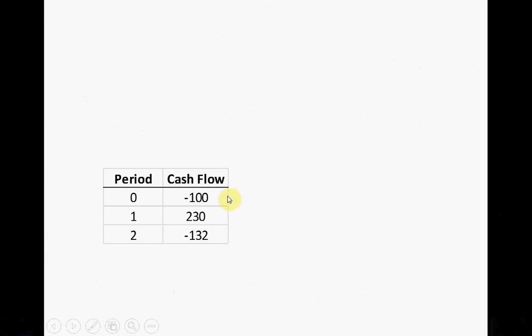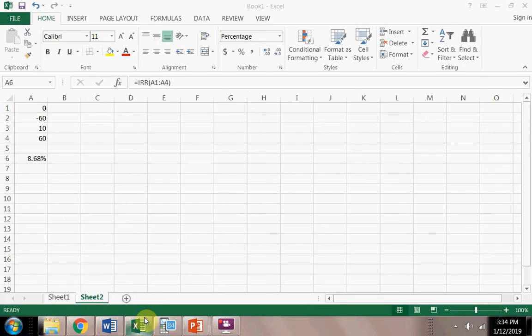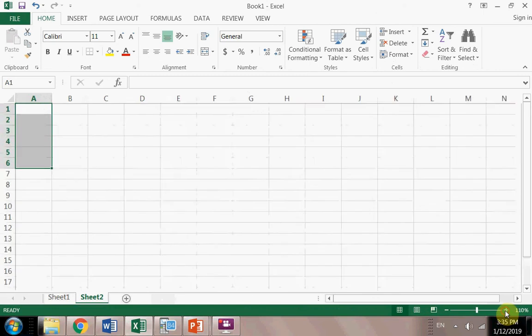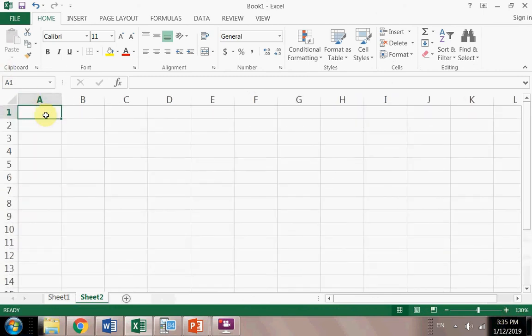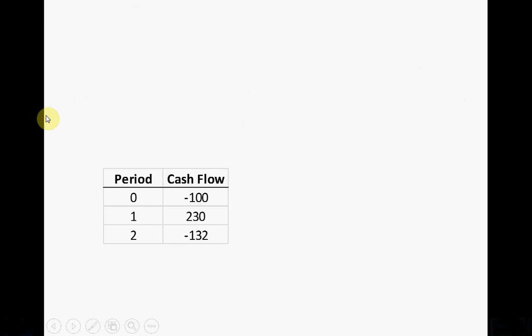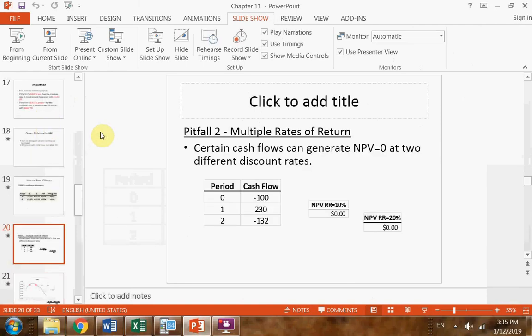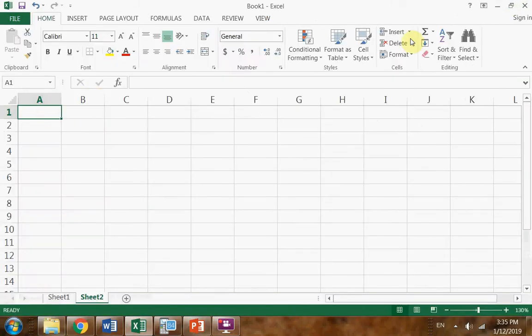Next, if you look at this cash flow, let me just use Excel to demonstrate that. So in Excel, I have this cash flow: negative 100, 230, and negative 132.